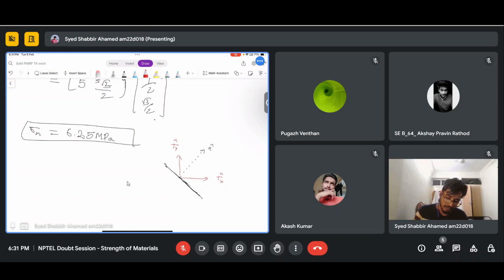From this we again calculated the stress which is acting normal to the plane, so sigma n we have calculated using both these components and doing the dot product. Now we have to calculate what is the shear stress acting.